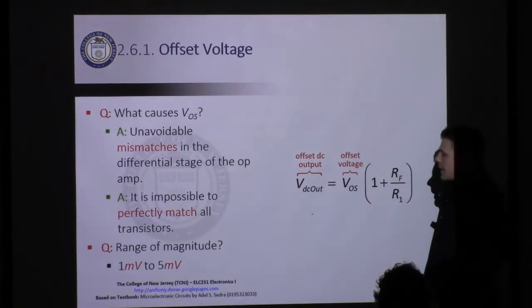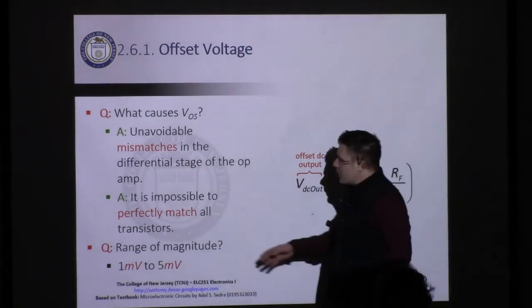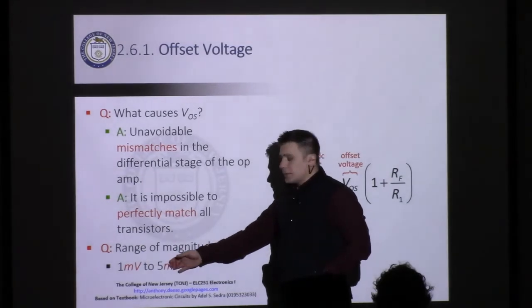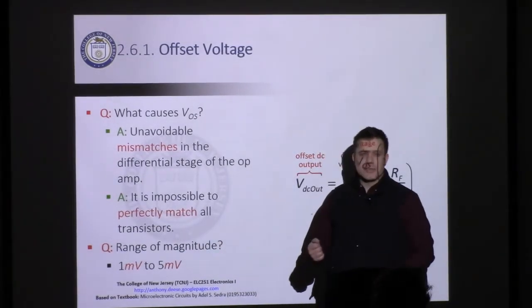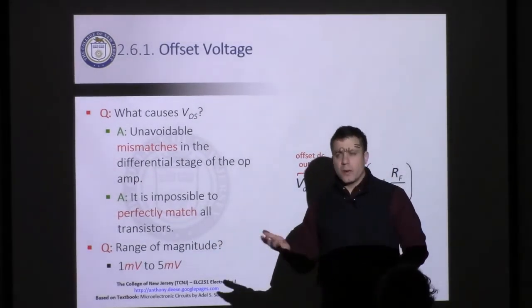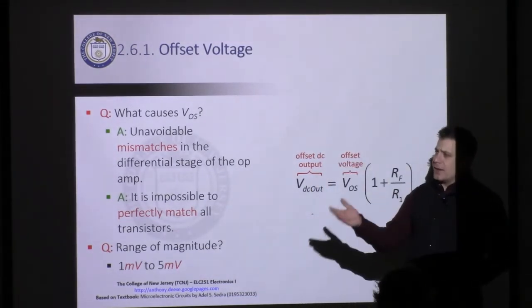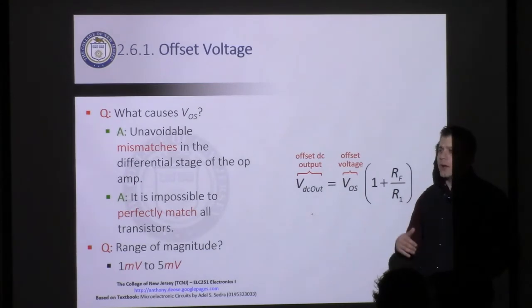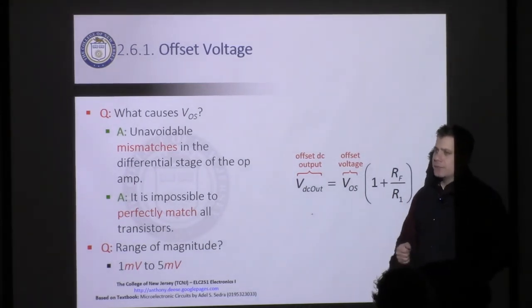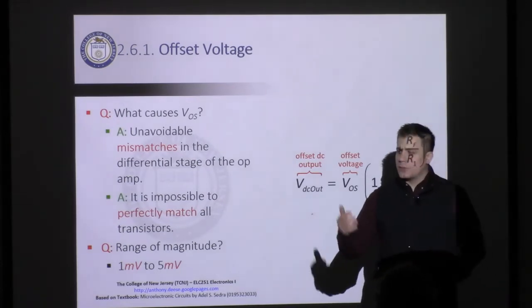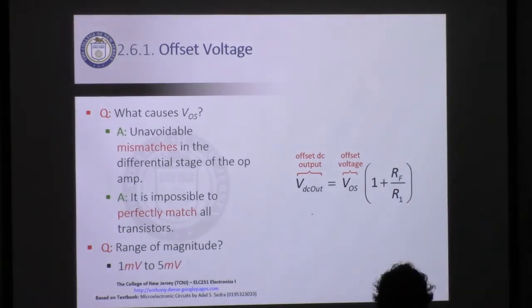The range of VOS for the types of amplifiers that we're going to use is normally somewhere in the range of 1 to 5 millivolts. And like high or low tolerance resistors, you can buy devices that offer lower, more accurate offset voltage values.